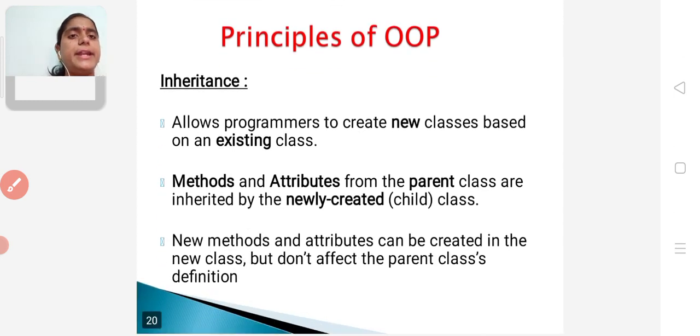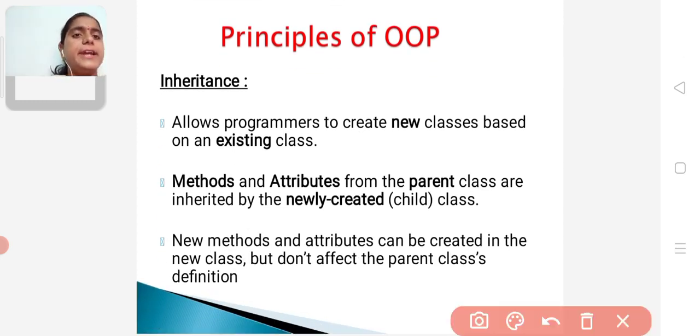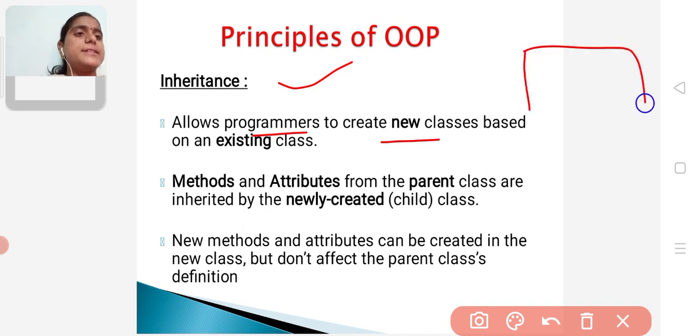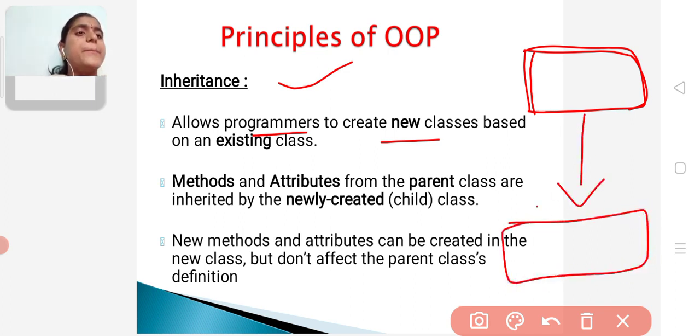Next one, inheritance concept. What is inheritance? Inheritance is the main feature of object-oriented programming languages. By using this inheritance concept, programmers create new classes based on an existing class. For suppose already one class is there, so the user can create one new class based on this existing class.